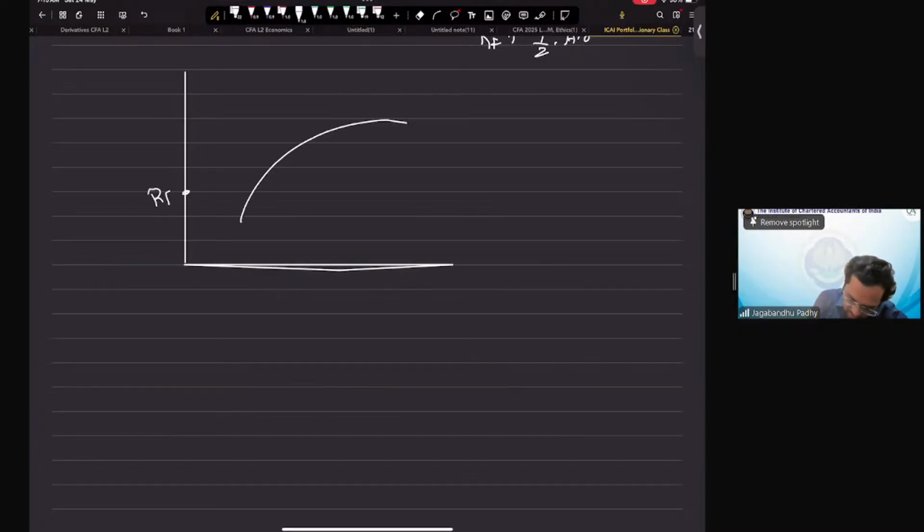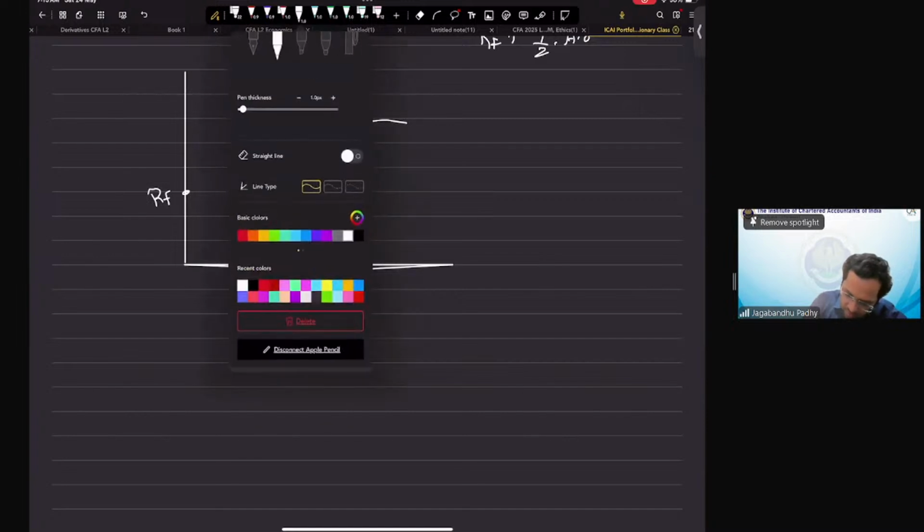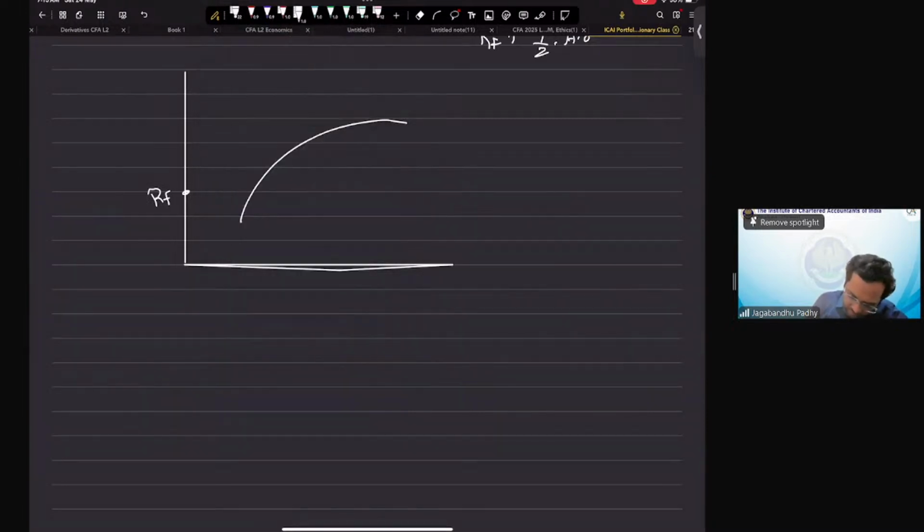Here you had the risk-free rate, so you connected the risk-free rate with this particular efficiency frontier, right? And this point is what we call a point of tangency, right? And this particular line is going to be a combination of risk-free and this risk-return characteristic.